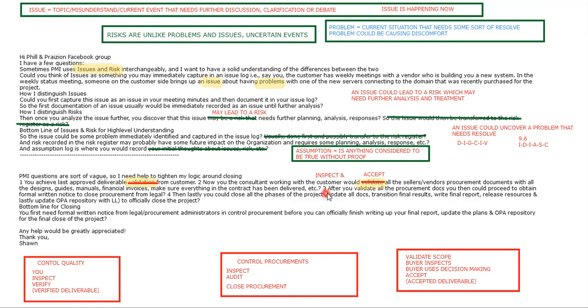Number 3, after you validate all the procurement documents, you then could proceed to obtain formal written notice to close procurement from legal. You could, or you could just close it yourself, depending on the organization. That's the bottom line. The bottom line with PMI is they have some overarching framework which could be adjusted company by company.